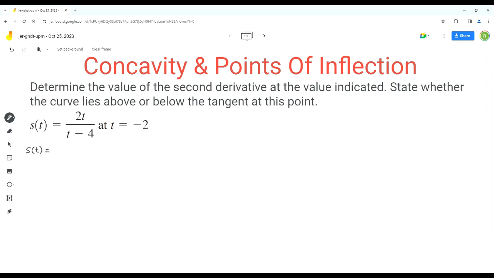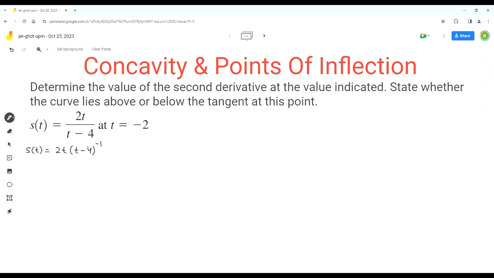So s of t equals, the numerator stays as it is, and we move the denominator expression t minus 4 to the numerator, and that makes the exponent of this expression -1.